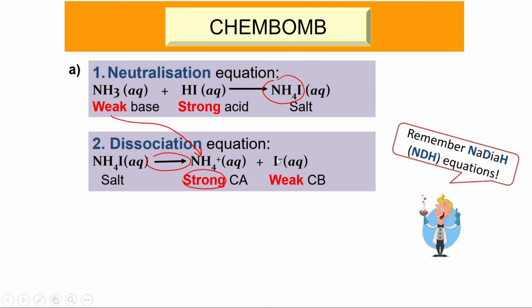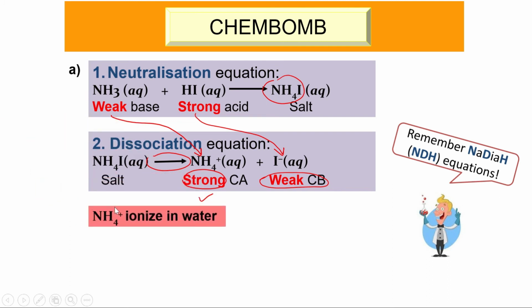Meanwhile, this anion I- comes from a strong acid, therefore it is a weak conjugate base. So by now, can you guess whether the anion or the cation is going to ionize the water molecule? Yes, of course, the strong one. Therefore, NH4+ will ionize in water.